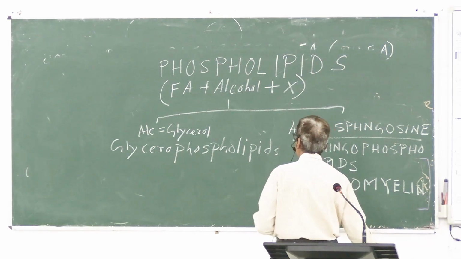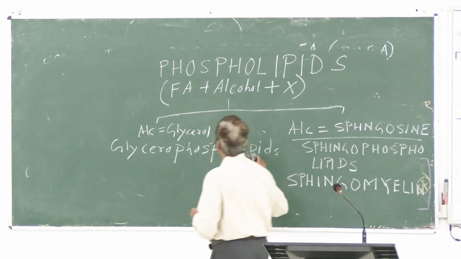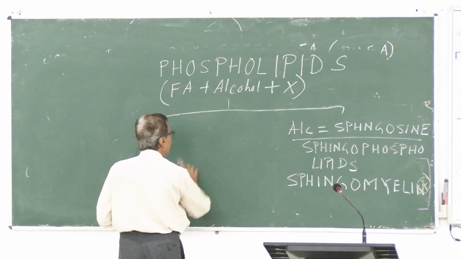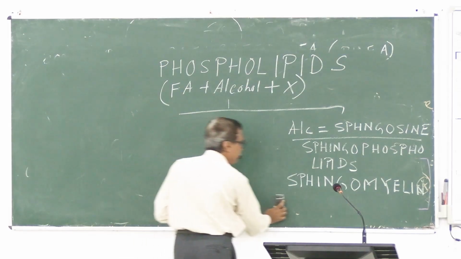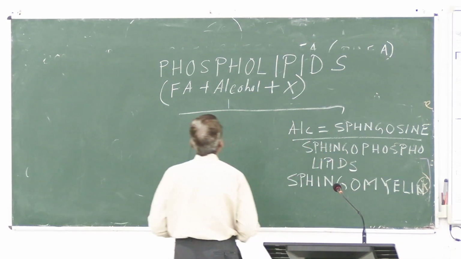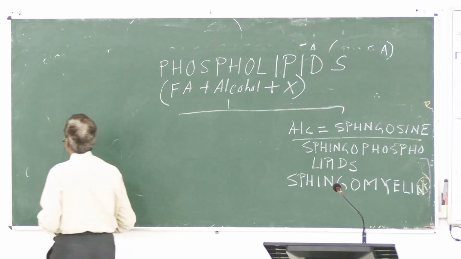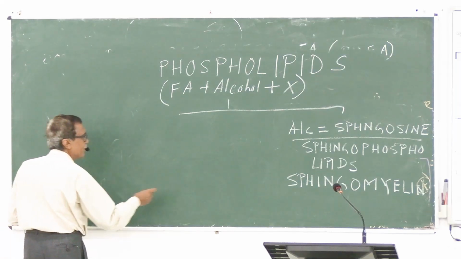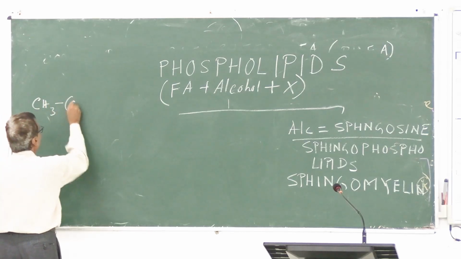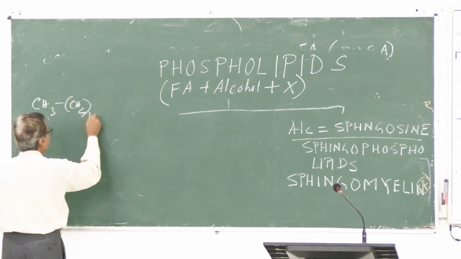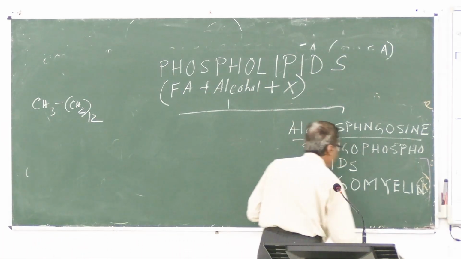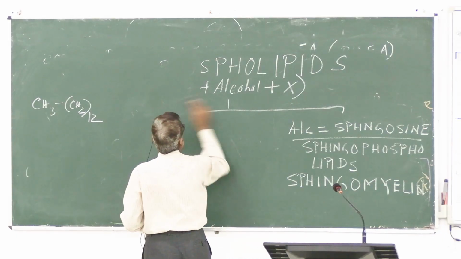Now, what is sphingophospholipid? Sphingosine is the backbone. Sphingosine contains an alcohol group which is esterified by a fatty acid. If I draw the structure of sphingosine, you may not memorize it, but you have to know the position of the alcohol which is esterified.